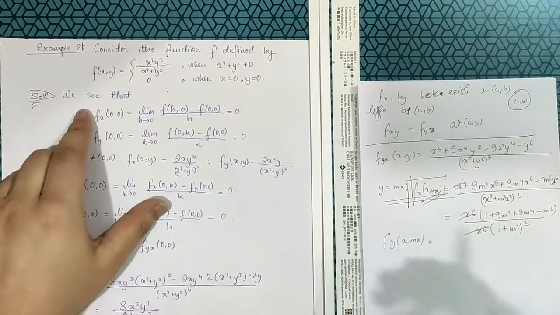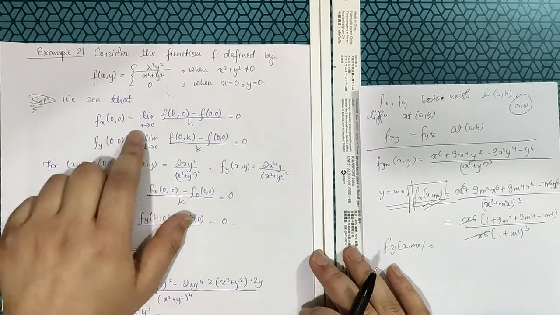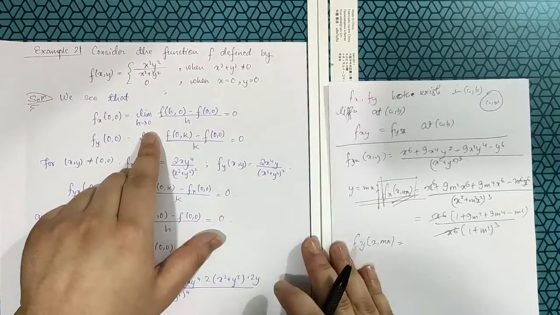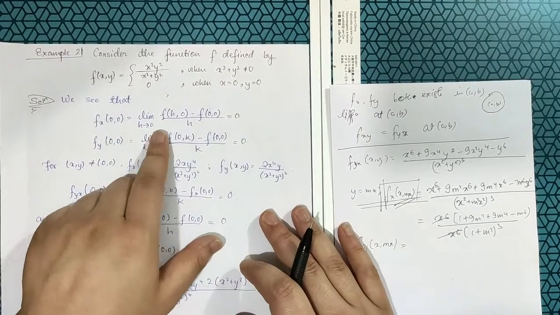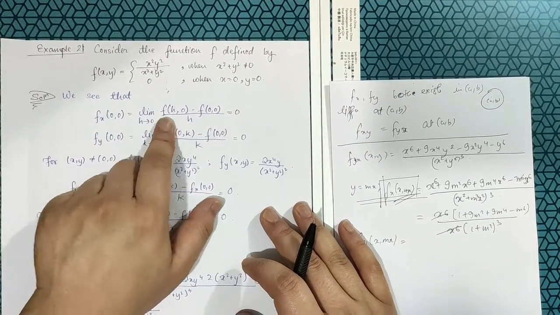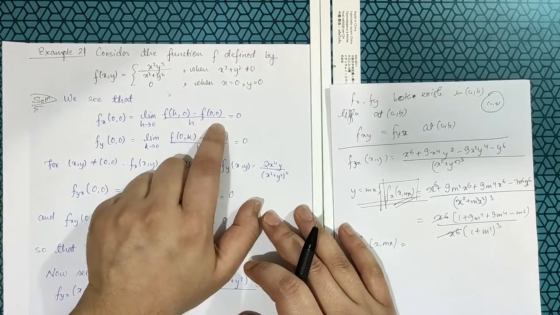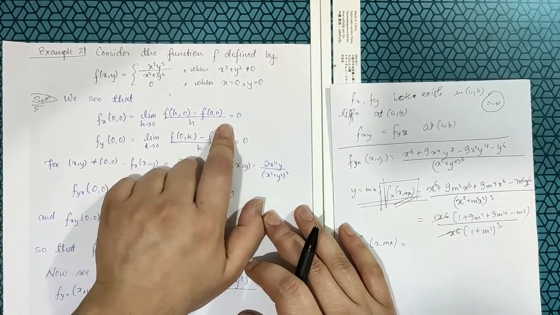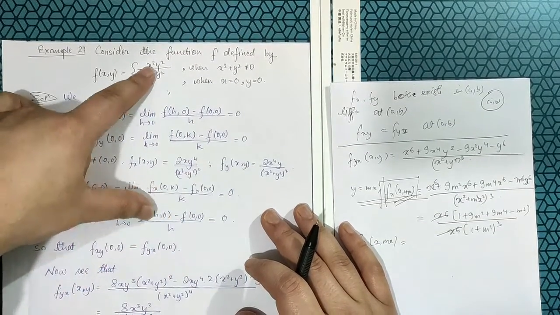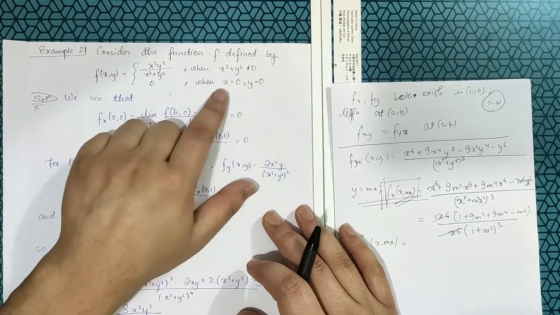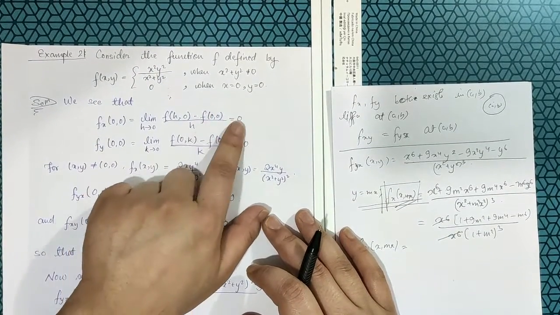So f_x at the point (0,0), we have already done this. It is the limit as h tends to 0 of [f(h,0) − f(0,0)] divided by h, which is (0 − 0) divided by h, which is 0.